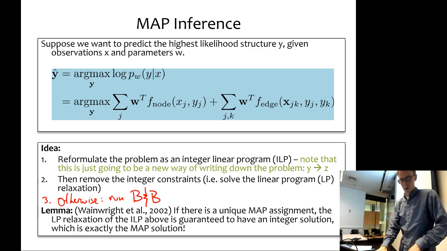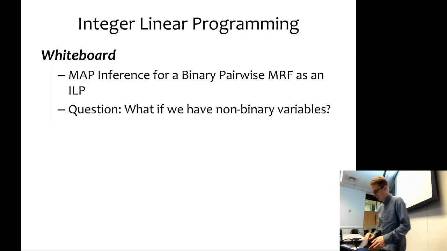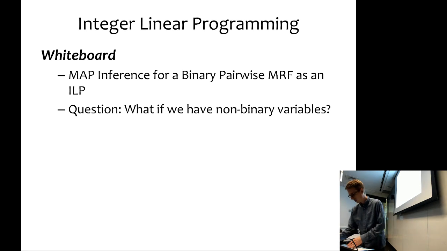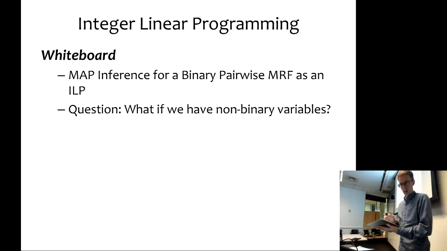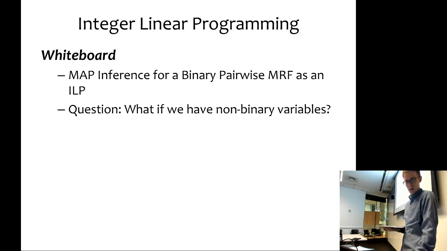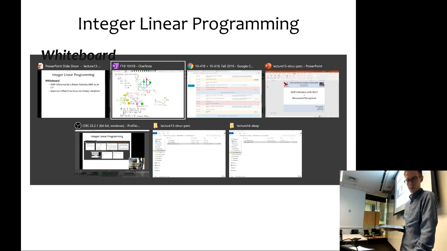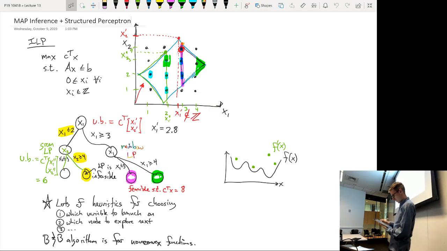Okay, so what we're going to do is think about how we could do this for the case of a Markov random field that is going to have binary variables and pairwise potentials.